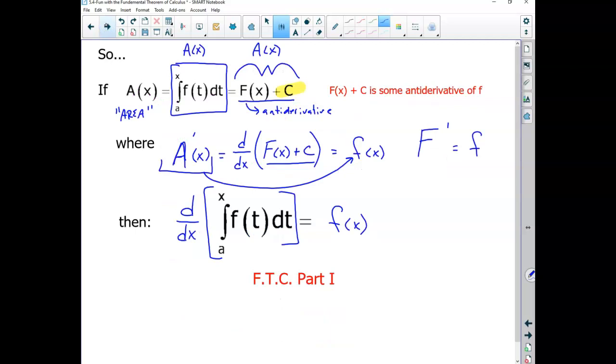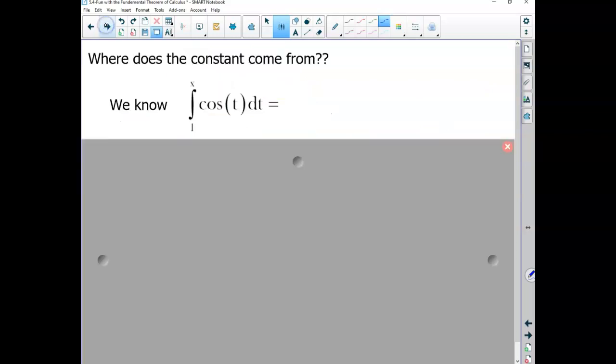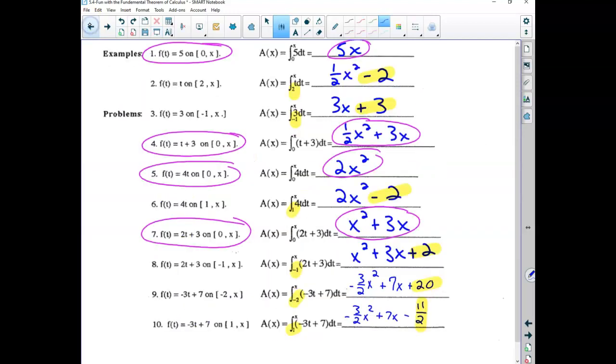We're going to come back to the fundamental theorem of calculus part 1. Our question today is part 2. Where does that constant come from? What constant? I'm talking about all those highlighted constants: -2, +3, -2, +2, +20, -11.5.